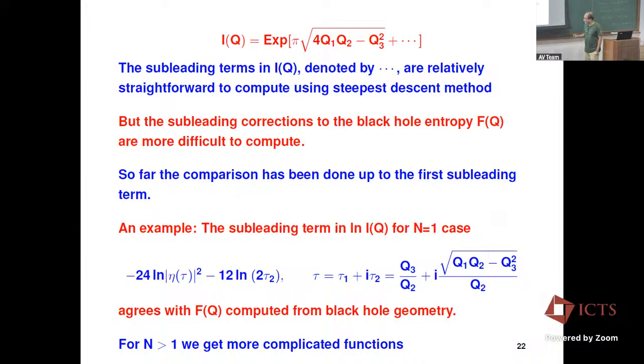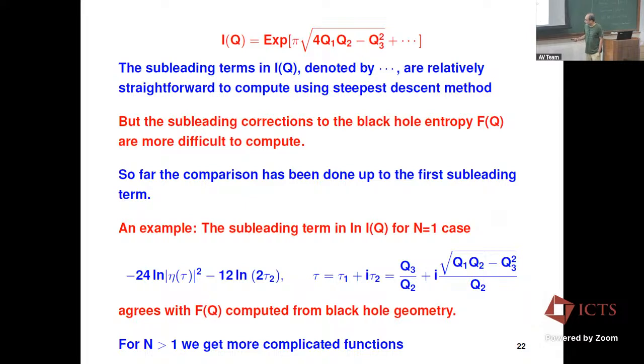This is also a modular invariant combination, and this modular symmetry that you see here is essentially what we call the S duality in string theory. And the point is that this result actually agrees with f of q that is computed from black hole geometry, even though it looks pretty complicated, because in the counting formula itself you have a Dedekind eta function in the asymptotic expansion.